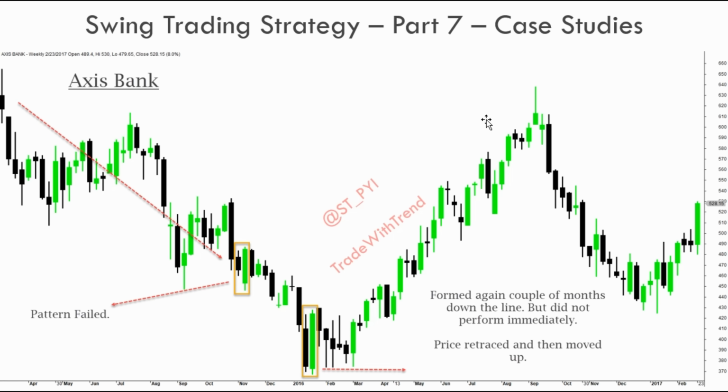One thing I want to point out straight away is that the beauty of this pattern is that you will see it forming only at the end of major trending moves, which is why it is a rare pattern. It does not form that often, but you will find it forming after a major trending move, either uptrend or downtrend.